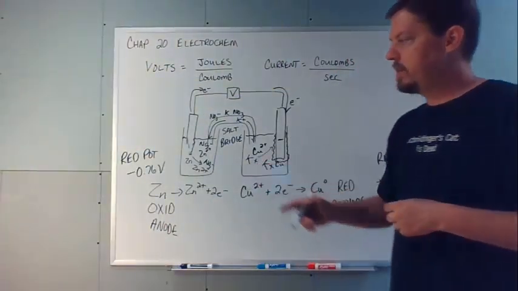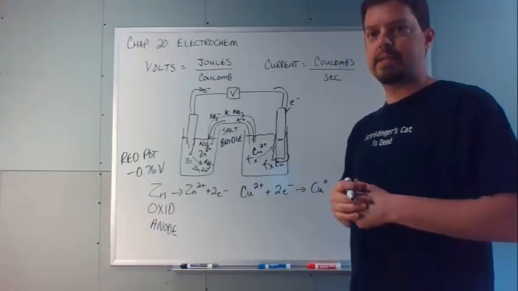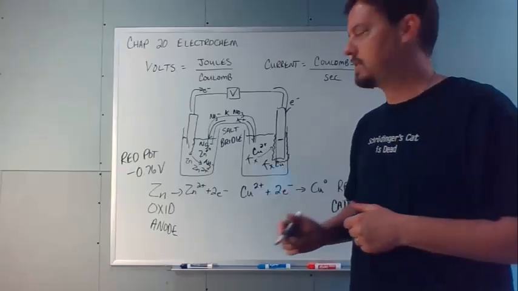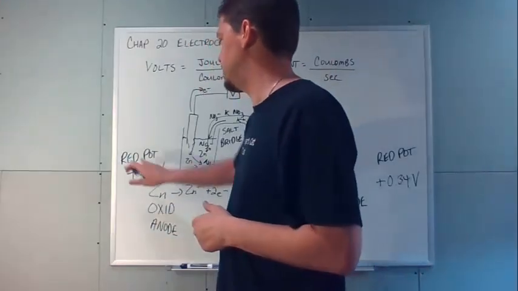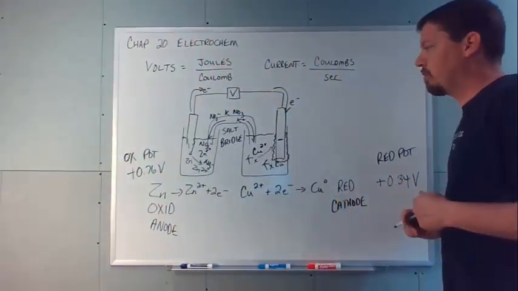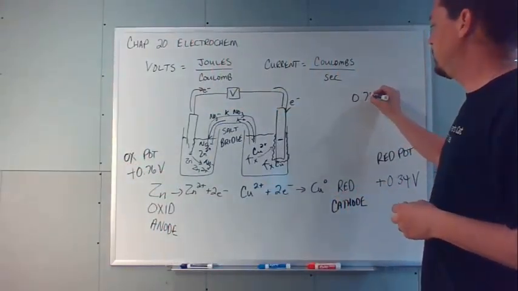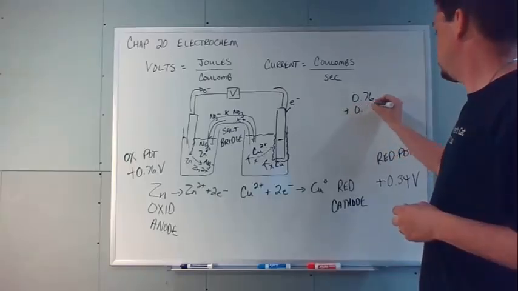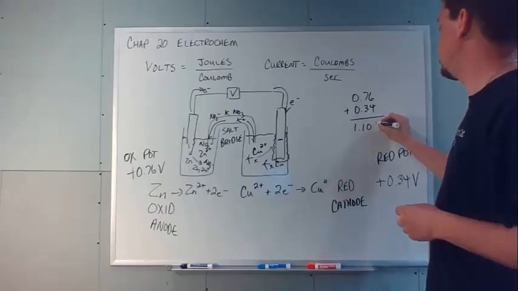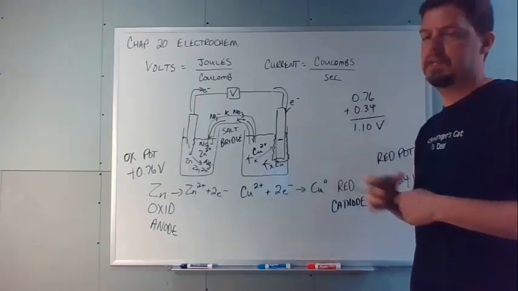All right, but zinc didn't reduce. Zinc oxidized. So if zinc's reduction potential is negative 0.76, that means its oxidizing potential is plus 0.76, right? And now to get the overall potential, we just go 0.76 plus 0.34, and we get a total of 1.10 volts, which is the voltage for this cell.